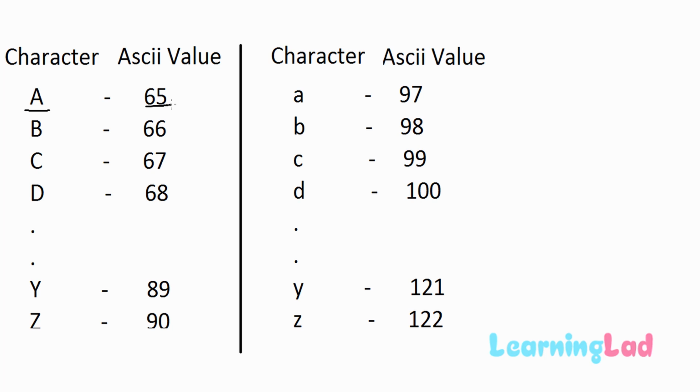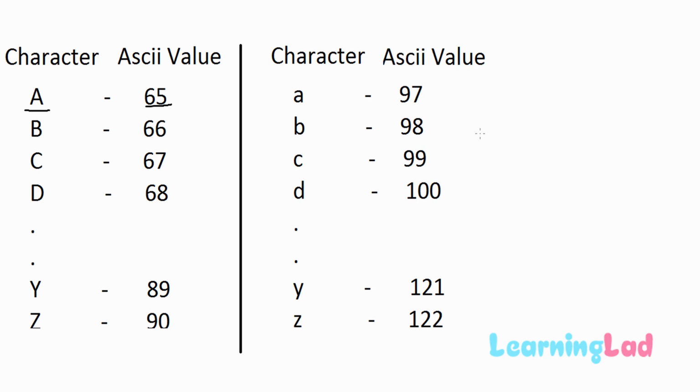So now to talk about the ASCII values, the ASCII value for the capital A is 65, and the ASCII value for capital B is 66, and similarly for C it's 67, and for D it's 68, and similarly this goes on in continuous order. And for the capital Y, the ASCII value is 89, and for capital Z it is 90.